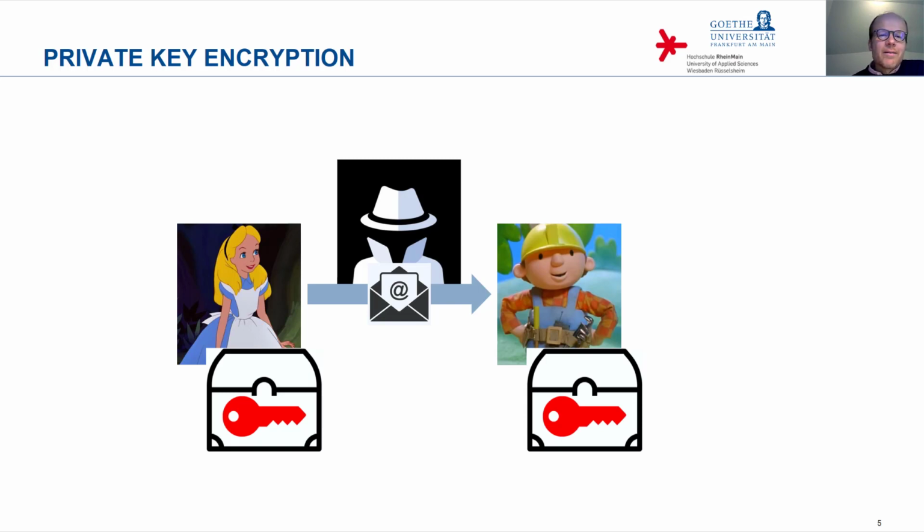Alice encrypts her messages with that shared private key, and Bob decrypts it with the same, or the corresponding, decryption key.